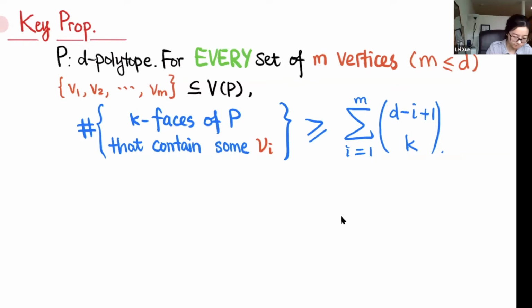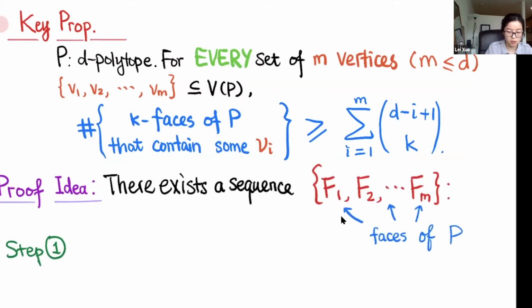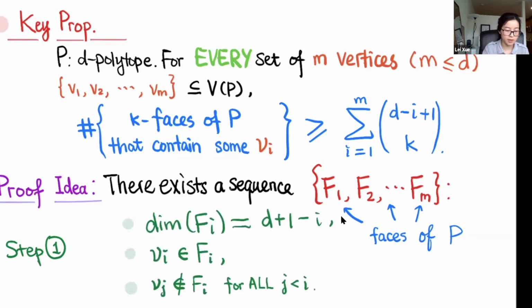Okay. And here's the proof. Before we start counting, we're going to construct the following sequence of faces of P, from F1 to Fm, and they will satisfy the following three conditions. Each Fi will have dimension d plus 1 minus i. So F1, for example, should have dimension d.